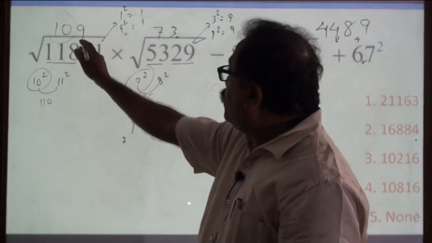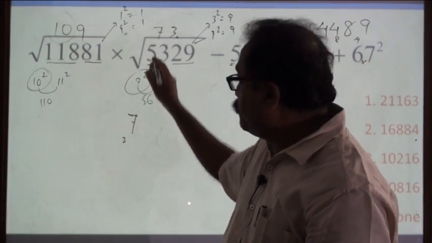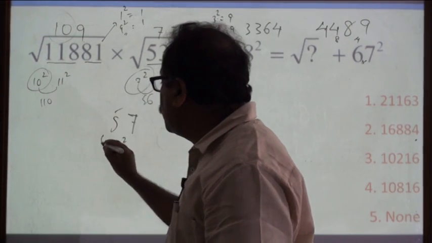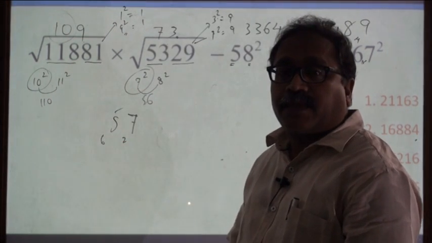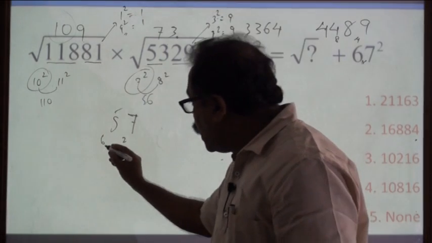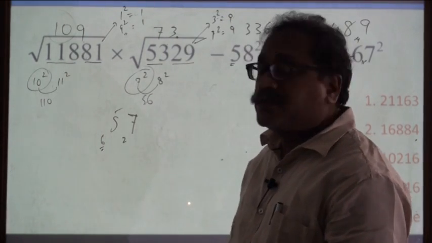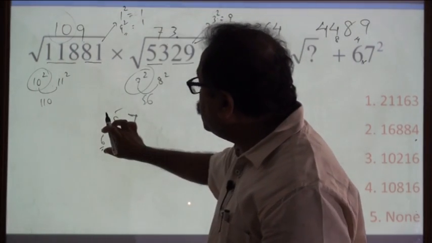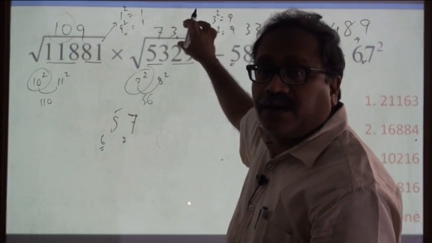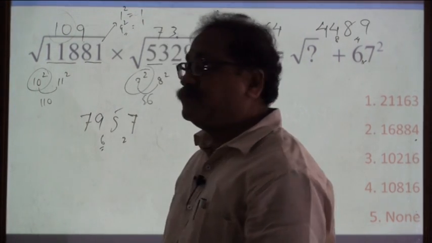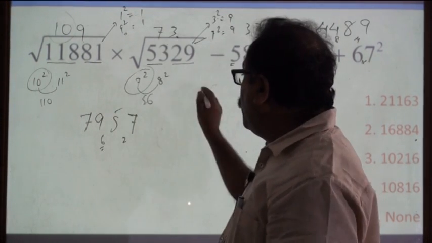Next, 9 times 7 is 63 plus 2, 65, carry 6. Next, this carry 6 you add to 73. So 73 plus 6, 79. So this number is 79.